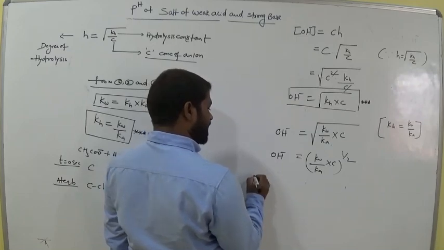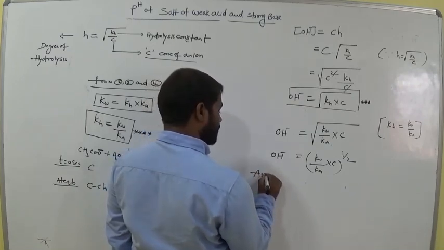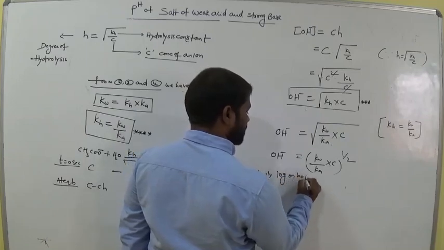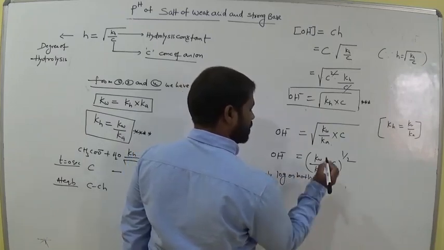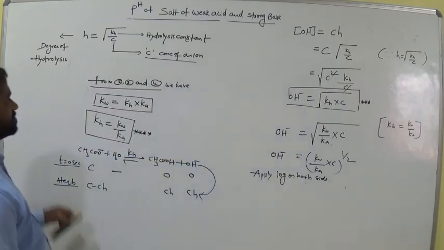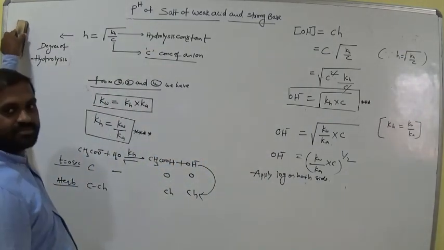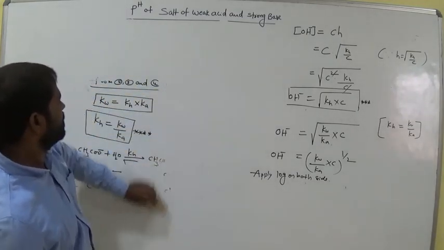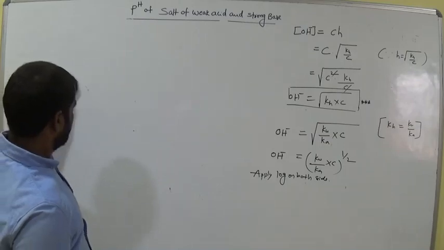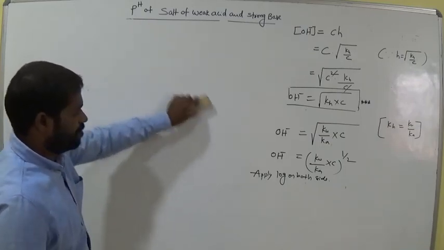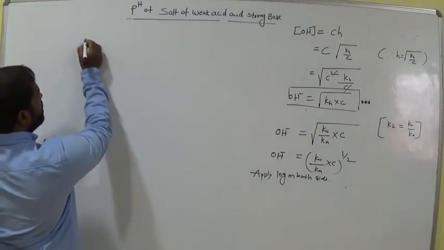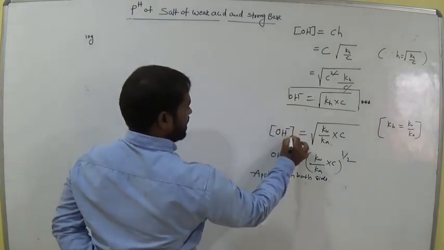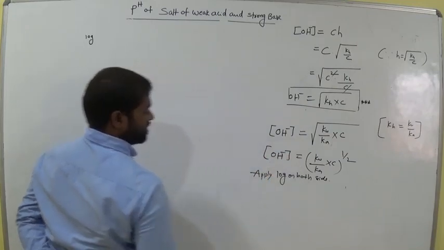Now apply logarithm on both sides. Then this is the OH minus ion concentration, kept in square brackets because it is a concentration term.